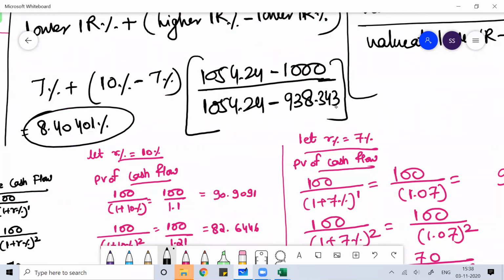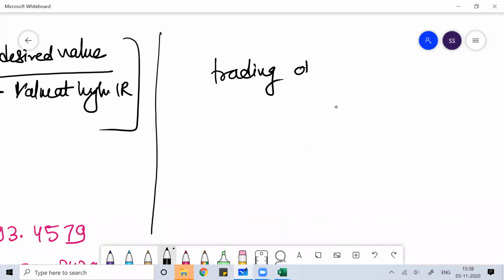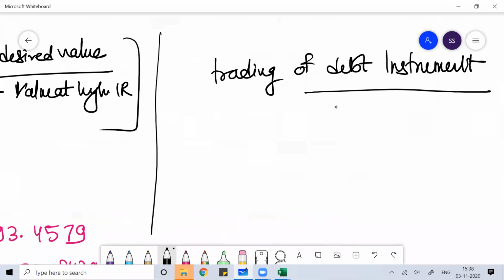So I believe you have understood this part, and you know that whenever we talk about trading in the market, these debt instruments trade in the market. So an individual can buy and sell debt instruments in the market.